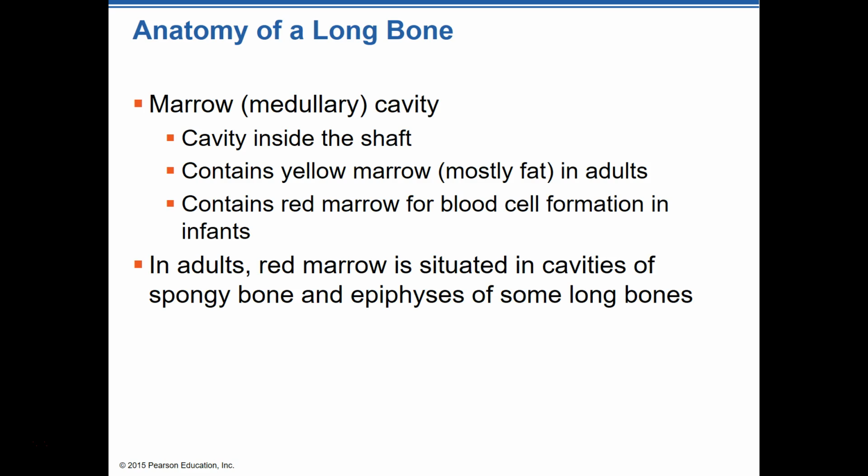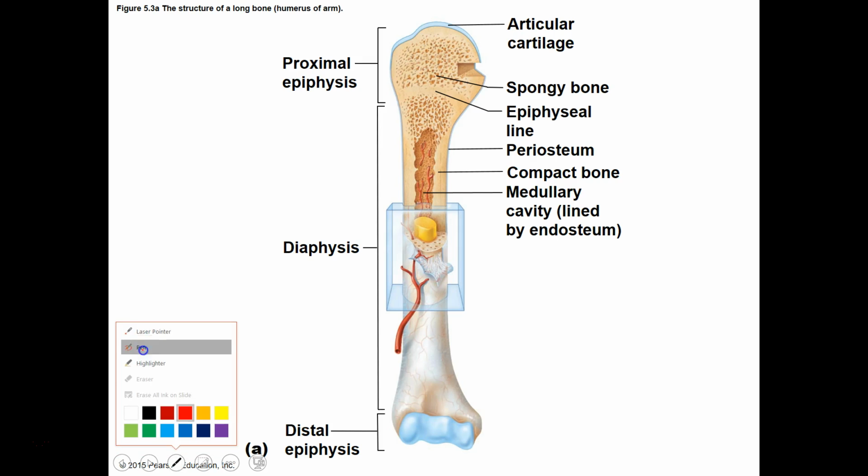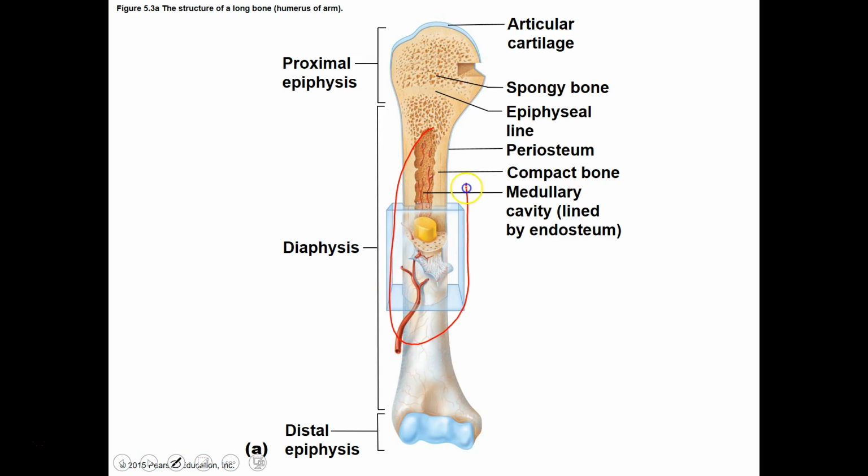So in that center cavity, in the diaphysis, the shaft of the long bone, it's mostly fat in adults. And the red bone marrow in the ends is where the red blood cell production actually occurs.